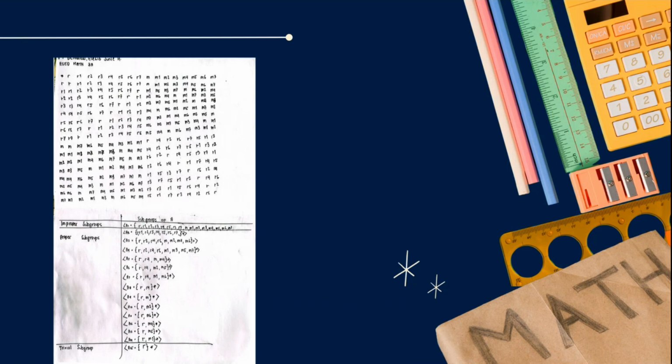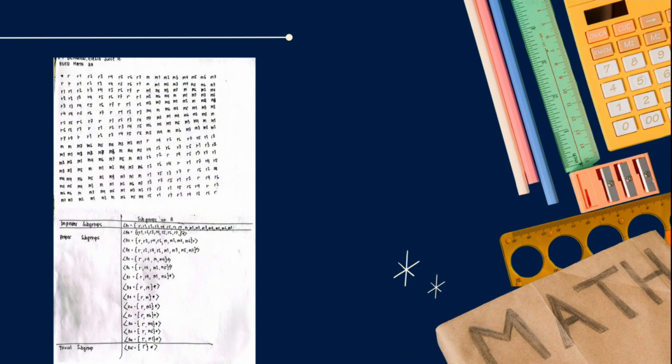Under improper subgroups, we have A1. It contains all the elements of the group or the set itself. And in proper subgroups, we have A2, A3 to A14. The proper subgroups contain elements that are fewer than the number of elements in the group and greater than one element.